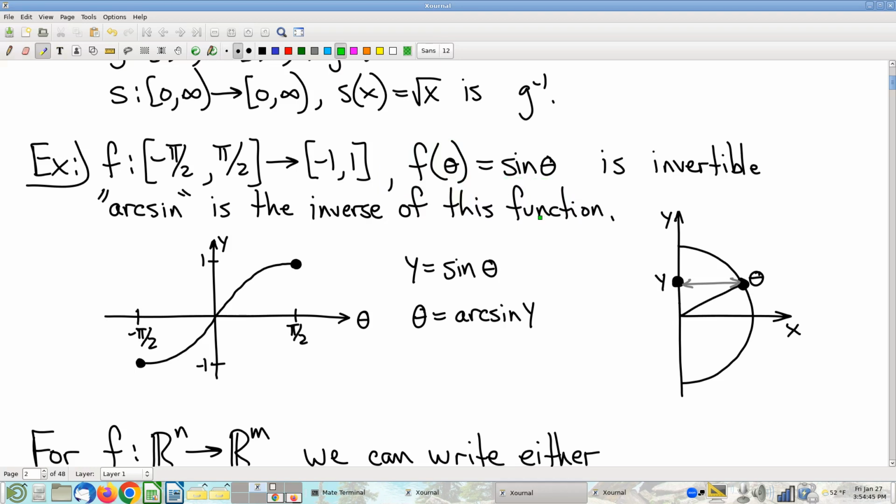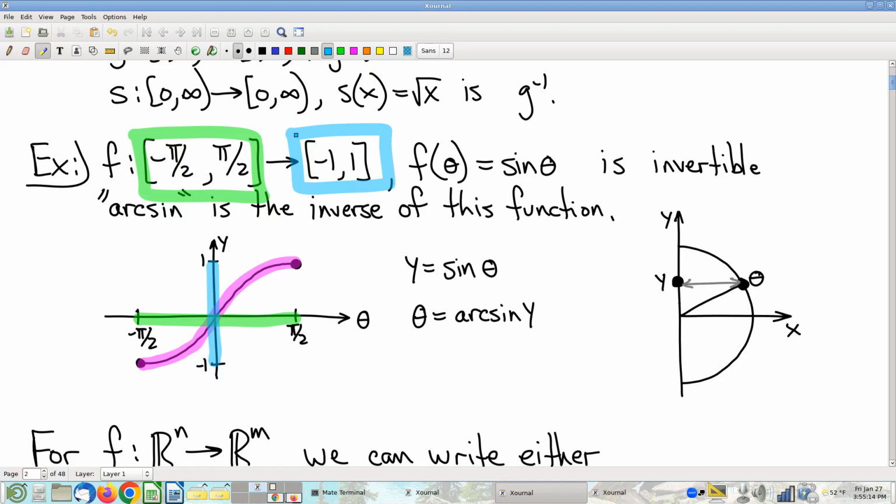You can make it invertible by restricting yourself to just this portion, namely just these angles, and restricting your allowed outputs to just these values. And notice for every green input, there is exactly one blue output. And for every blue output, there is exactly one green input.